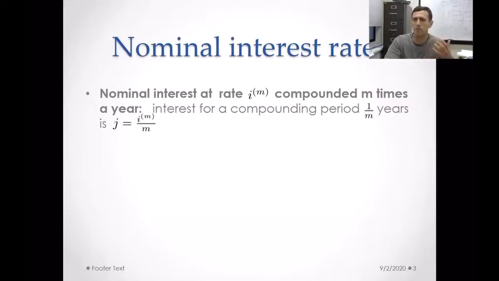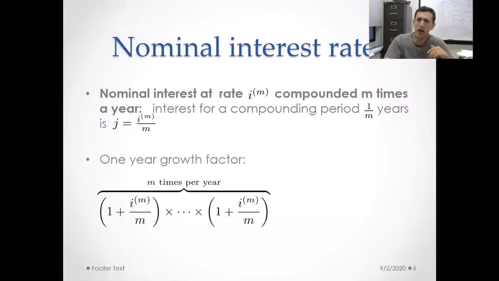Well, there's m 1-over-m-year periods in a year. So if I compound this growth factor m times, I get the 1 year growth factor. You just multiply this 1 over m year growth factor by itself m times, and that's just obviously 1 plus I superscript m over m, to the power m.